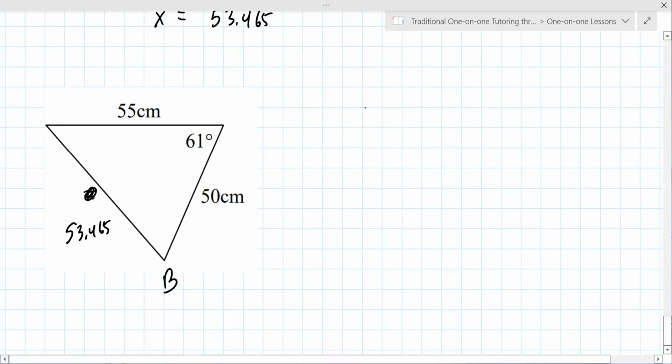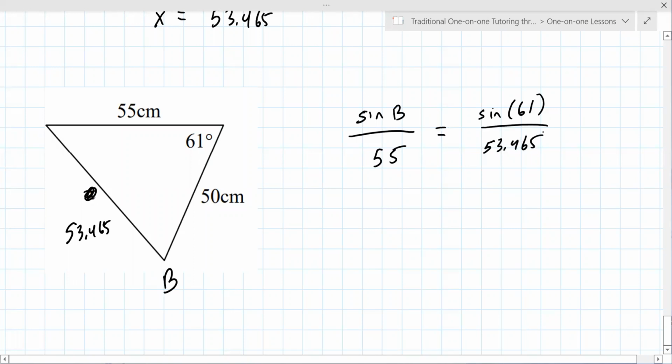It'd be sine B over 55 equals sine 61 over 53.465. Good, fantastic. Now let's just say you worked that all out and found angle B. How would you find angle A? Adding up angle B and angle 61 and subtracting from 180. Yes, really good.